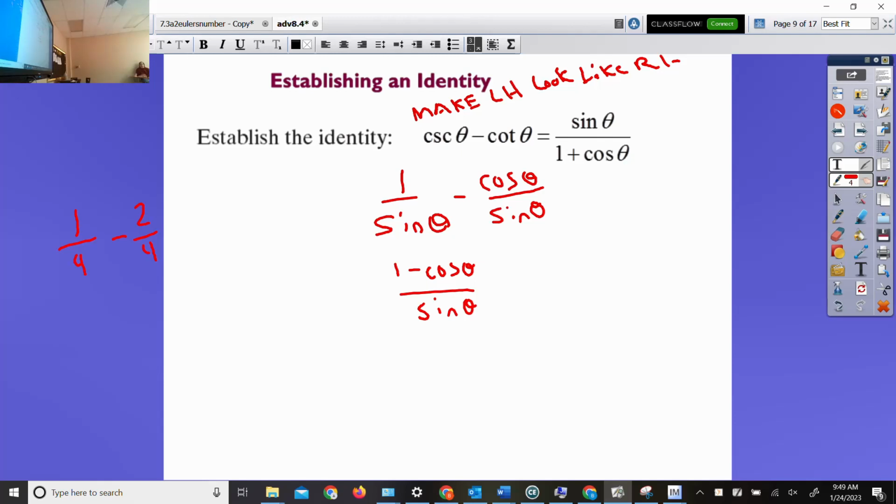Normally, when you worry about conjugates, you try to clear the bottom, right? Like if the bottom was 1 minus cosine theta, you might multiply both pieces by 1 plus. The reverse works often too. What's the conjugate of 1 minus cosine theta? 1 plus cosine theta. When you see funny looking things like that, it doesn't matter if it's numerator or denominator, use conjugates.